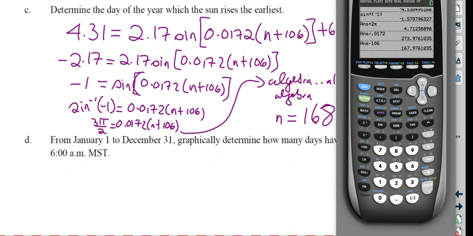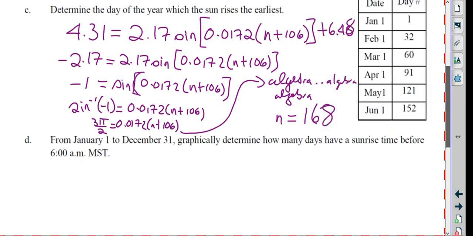Can't reach Google at the moment. Oh, technology fails us. Wouldn't it be June 14th? I don't know. Because it says June 1st is 152. Oh, well, then it'd be 16 days after that, right? So June 17th, which is pretty close to June 20th, 21st. But June 20th, 21st is what?